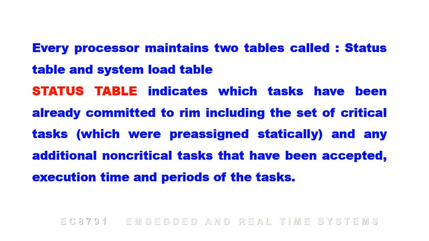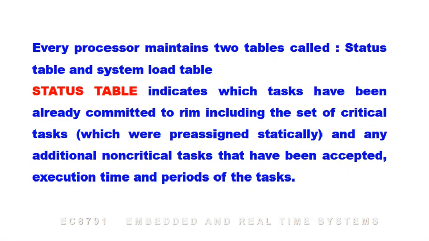Every processor maintains two tables called the status table and the system load table. The status table indicates which tasks have been already committed to run, including the set of critical tasks which were pre-assigned statically, and any additional non-critical tasks that have been accepted, with their execution times and periods.